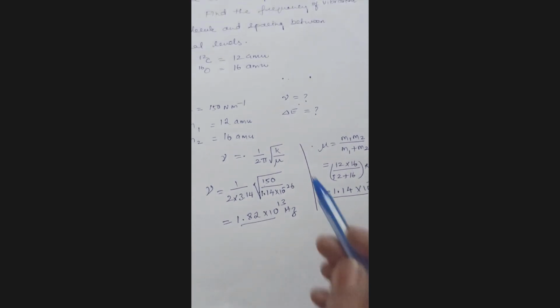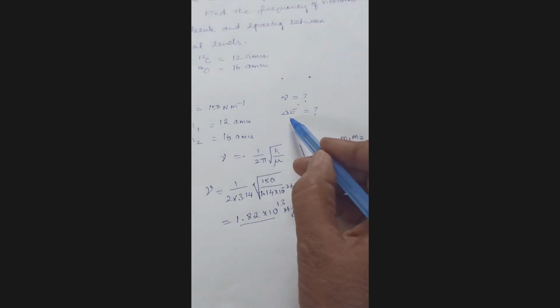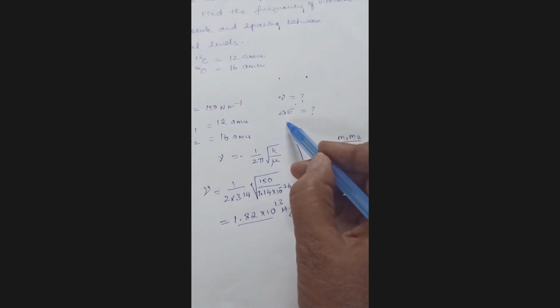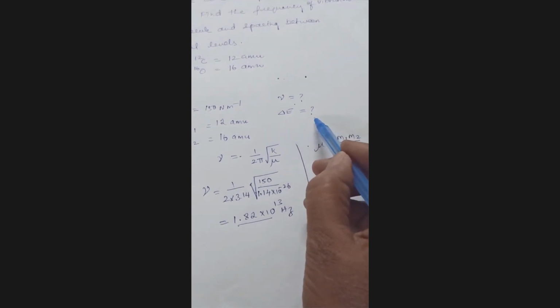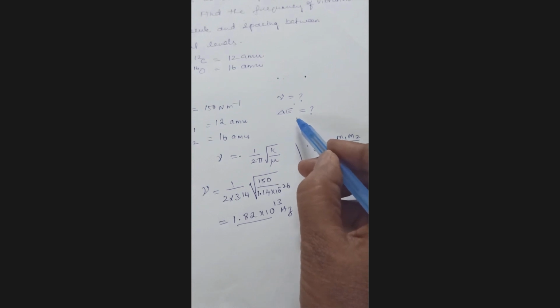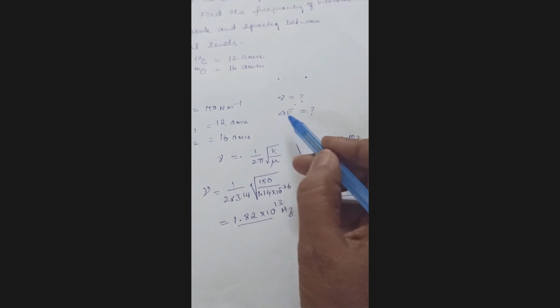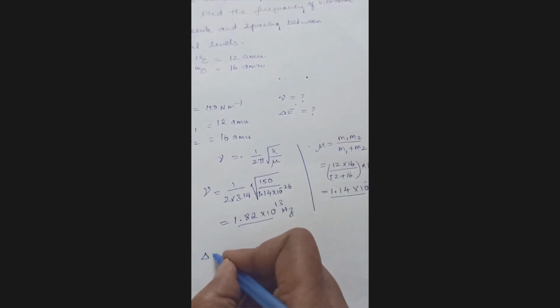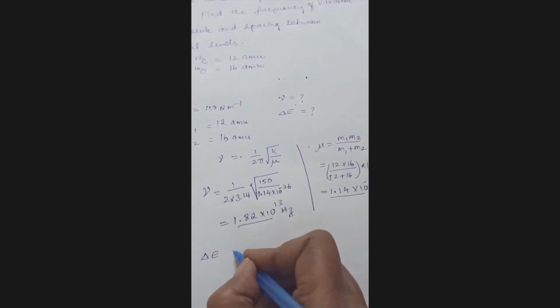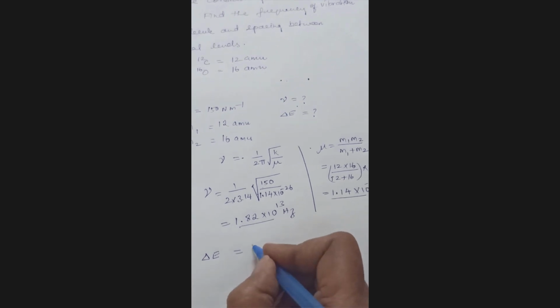The next one is the spacing between the vibrational levels. Vibrational levels are the energy levels, therefore the spacing between them is the energy difference, that is delta E, that is equal to h into nu.